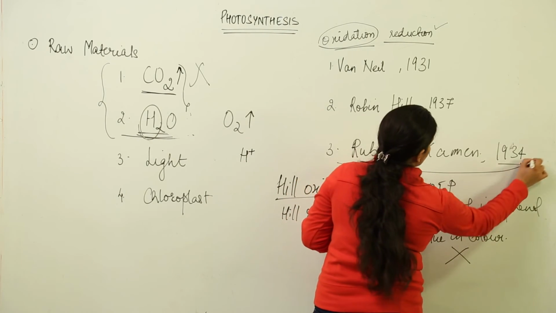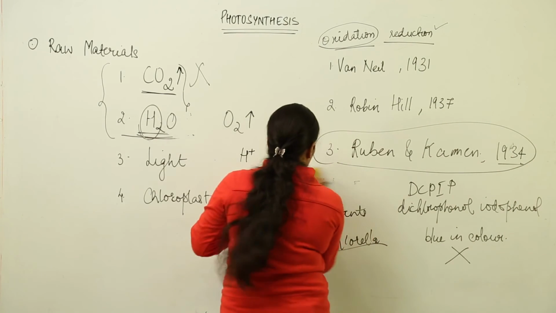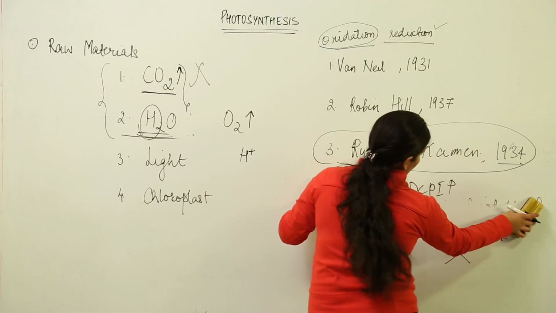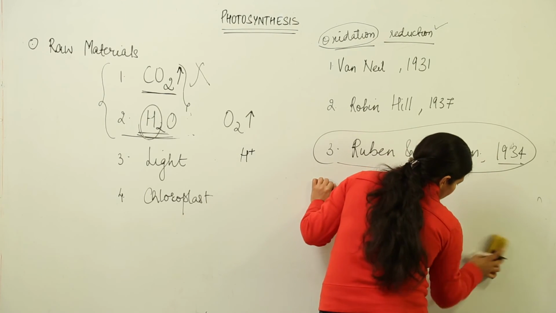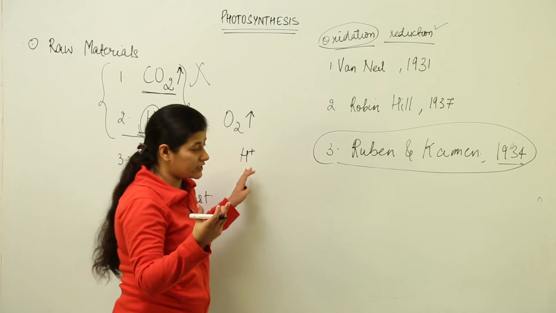Lastly, it was these two who had given the principle that the reduction of carbon dioxide takes place by emission of oxygen from the water molecule that gets broken down.